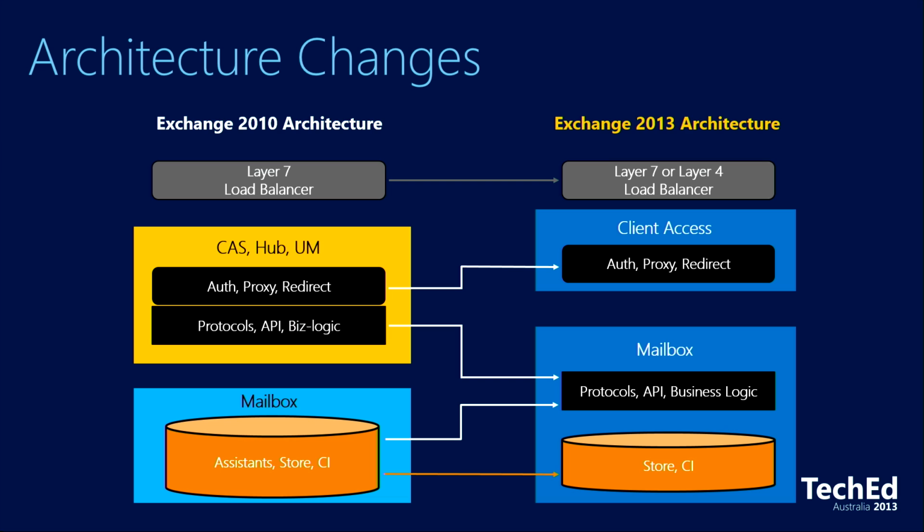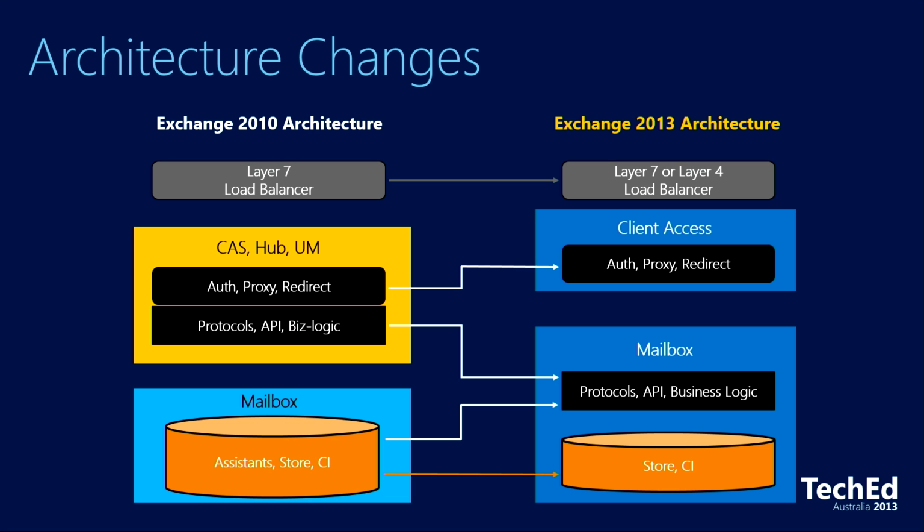So authentication, proxying, and redirection went to CAS. All the rest of that went to Mailbox. So that would be the protocol stacks themselves, not the proxies, they're in CAS, but the actual protocol stacks themselves, they're in Mailbox, along with all the API support, like web services and so forth, all of the business logic, all of the PowerShell objects, everything exists on Mailbox.